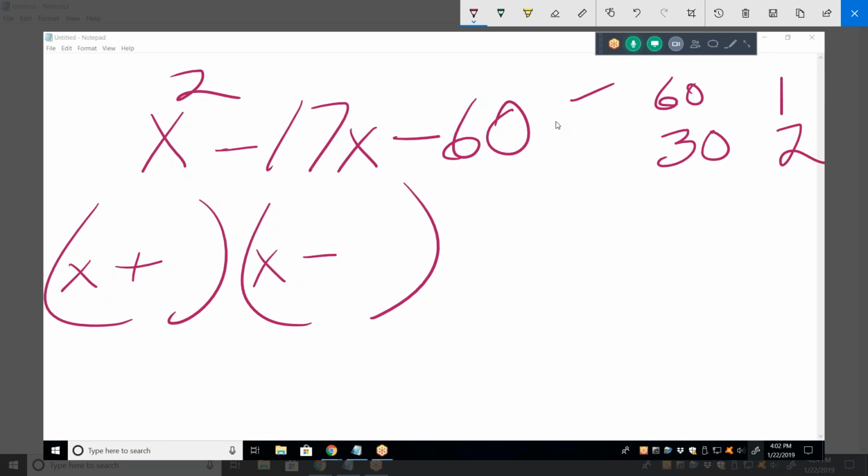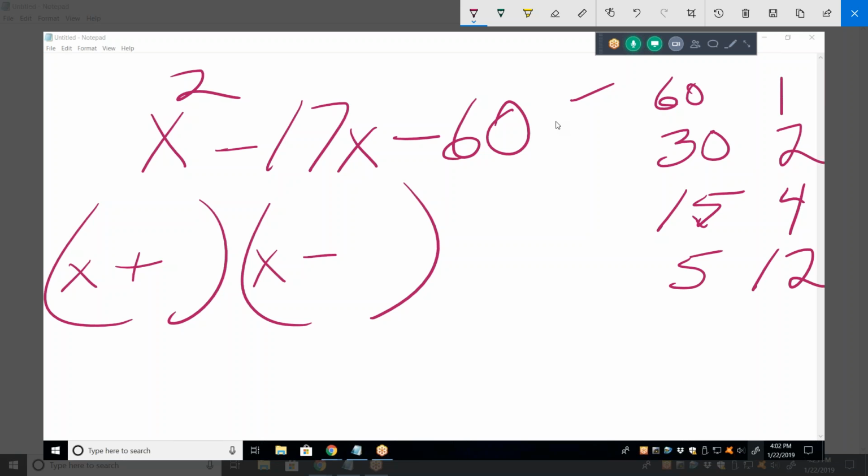Try it again. And then 20 and 3. Now, cut 30 in half. So then 15. In other words, always just cut it in half if you can. So 15 and 4. Now, I can't cut 15 in half anymore, but what can I do? I can cut it in thirds. So 5 then and what? 12.